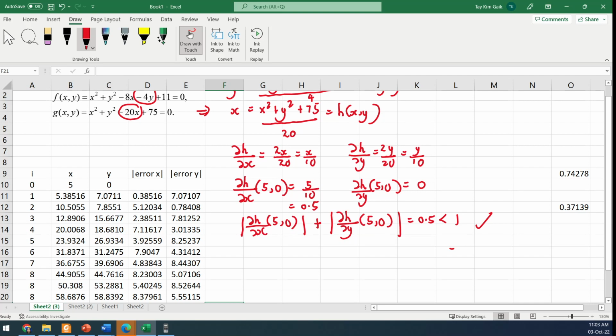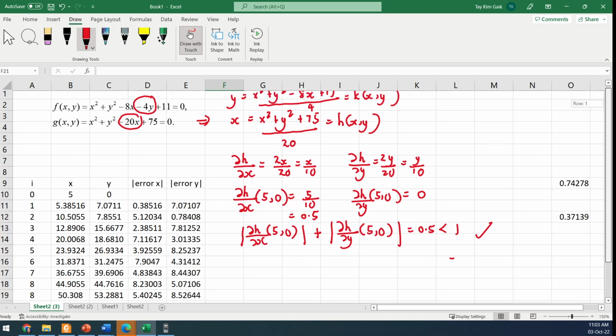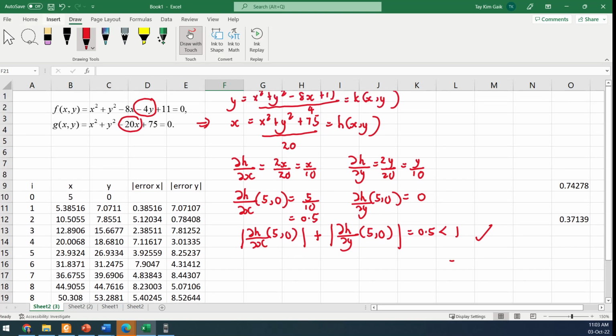For the second one, we have the y function, and from here I find del k del y. Del k del y is 2y divided by 4, differentiating y squared.